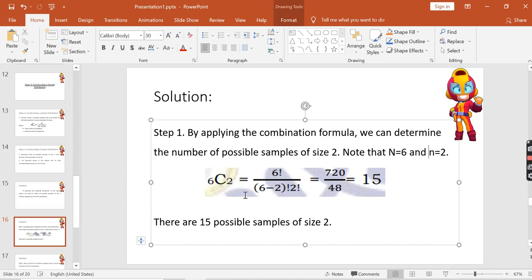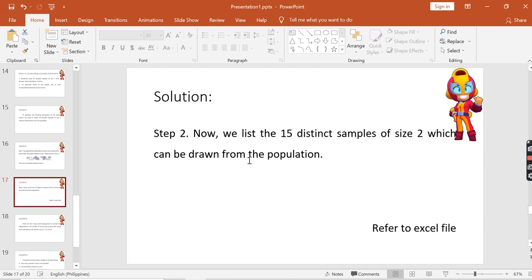Do not worry about 6C2 here on the leftmost side, since that's just a notation to represent this whole thing. So 6 factorial over 6 minus 2 factorial, 720 over 48 is equal to 15. Meaning there are 15 possible samples of size 2. So we have 15 that we can list when we combine them by 2's. Alright? So now let's list down the 15 distinct samples.